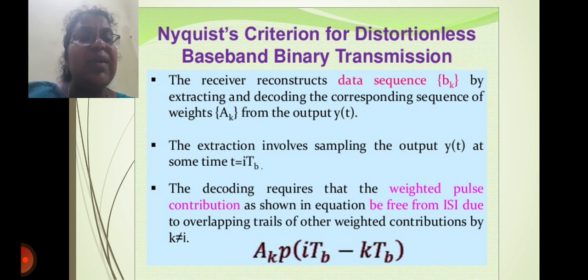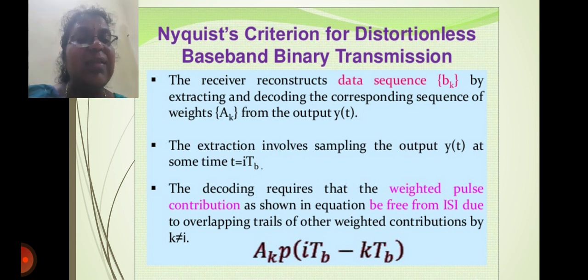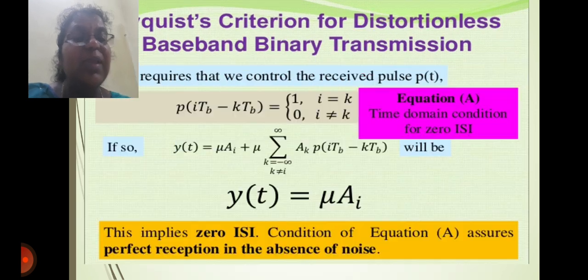The receiver reconstructs the data sequence b_k by extracting and decoding the corresponding sequence of weights a_k from the output y(t). This extraction involves sampling the output y(t) at some time t = iT_b. The decoding requires the weighted pulse contributions to be free from ISI due to the overlapping tails of other weights, that is, the second term has to be neglected.